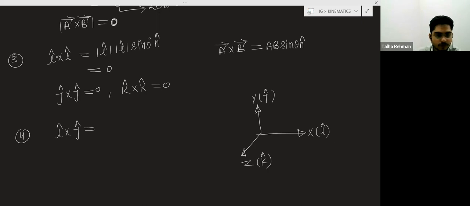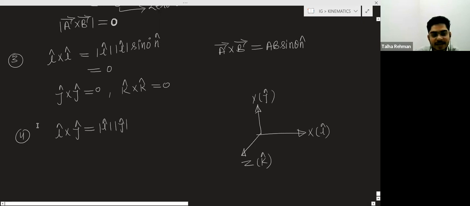So try to find i cap cross j cap: magnitude of i cap, magnitude of j cap, sine theta, n cap. What is the angle between i cap and j cap?